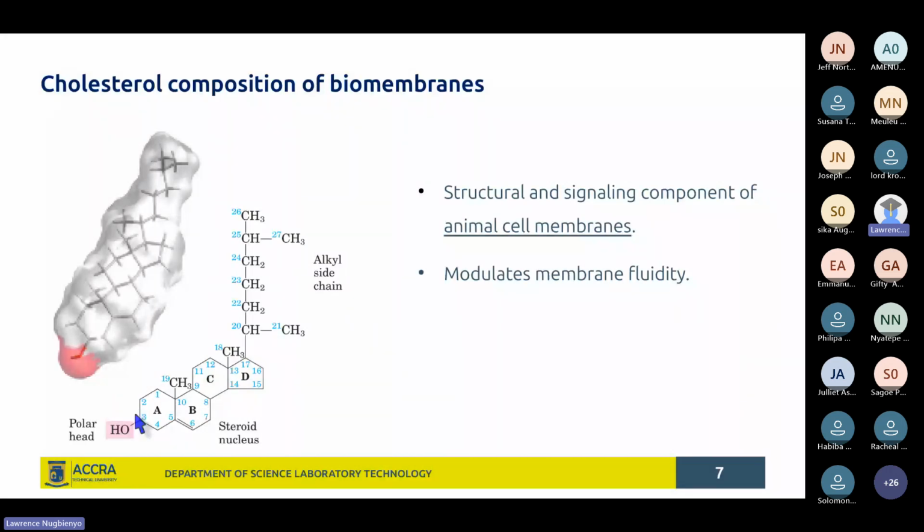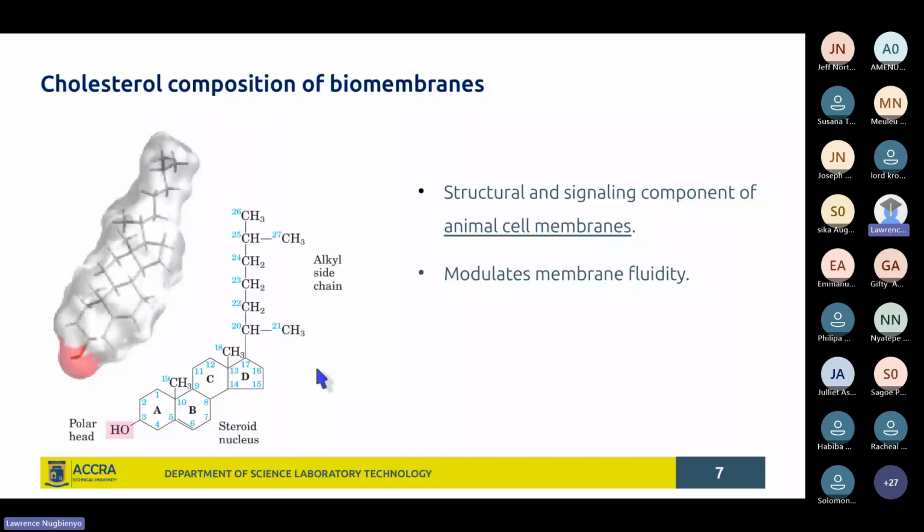And so as we continue, we'll see how this also affects melting point temperature, and then we'll relate it to how that can regulate stability of the biomembrane.